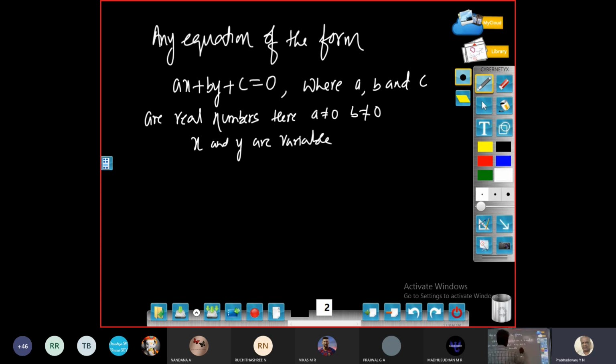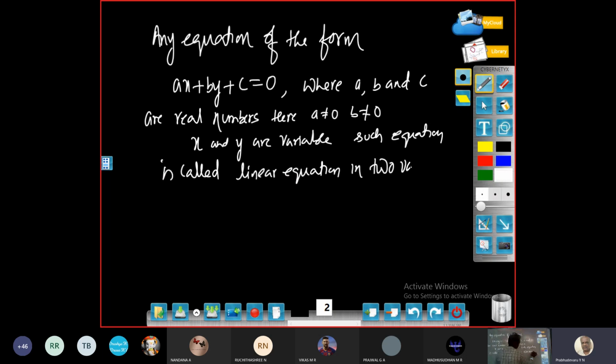Such an equation is called a linear equation in two variables. So general form once again, ax plus by plus c is equal to 0.